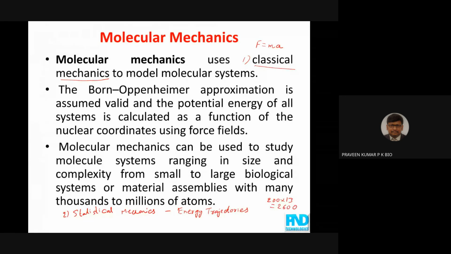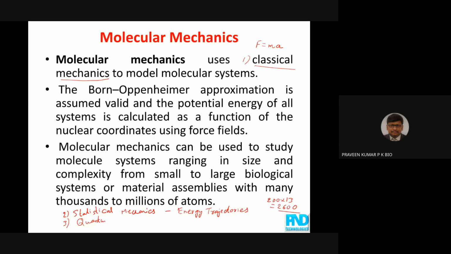So what I mean is, you have 2600 energy data. For this, we use statistics for multiple data. If you use this kind of statistics and study the mechanics, then we call this statistical mechanics. The third branch of study is quantum mechanics.